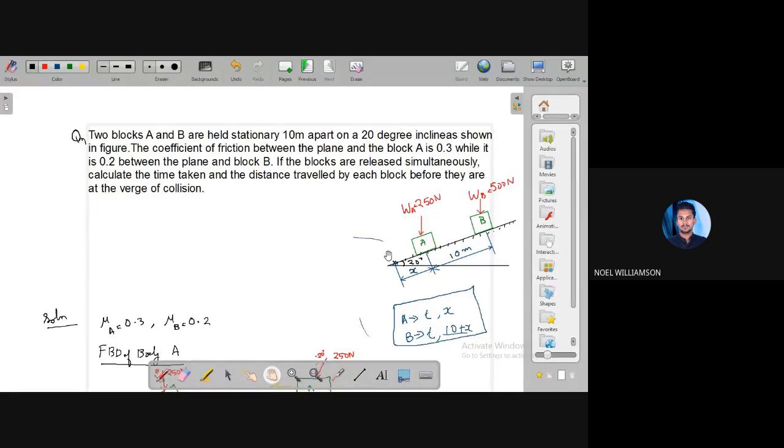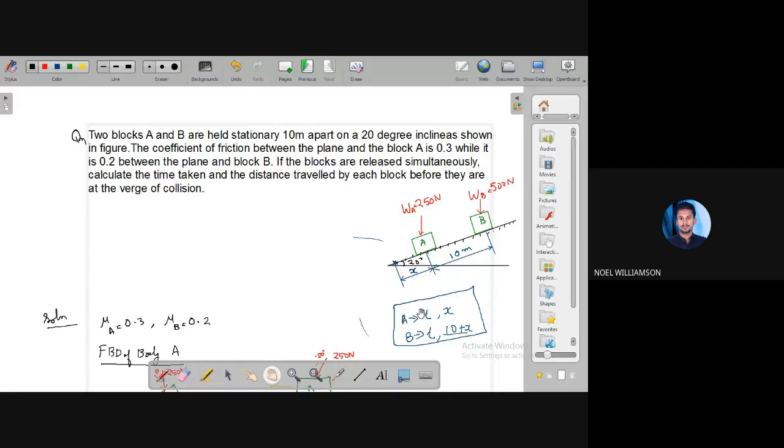You have three relations: v equal to u plus at, v square equal to u square plus 2as, and s equal to ut plus half at square. Any of the relations can be used for finding the value of t and x.